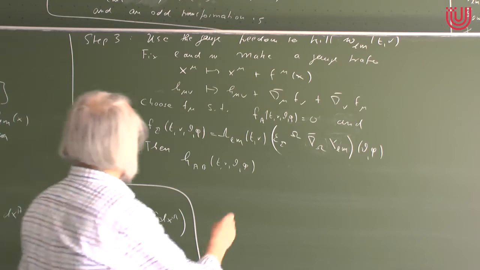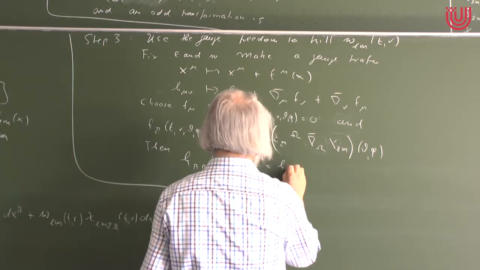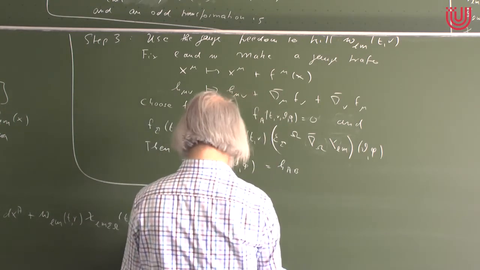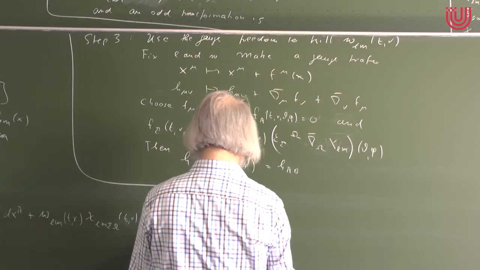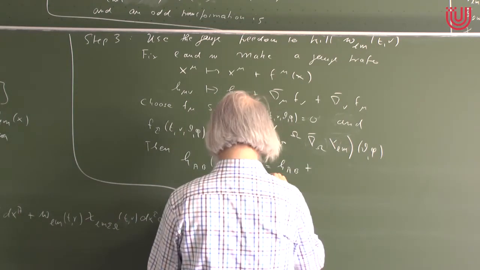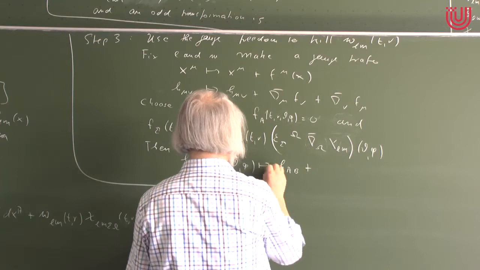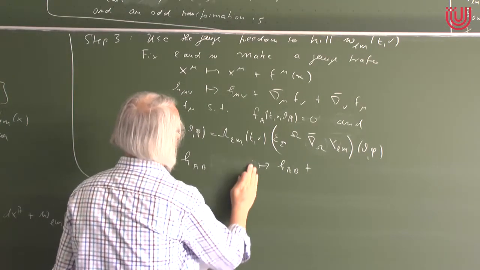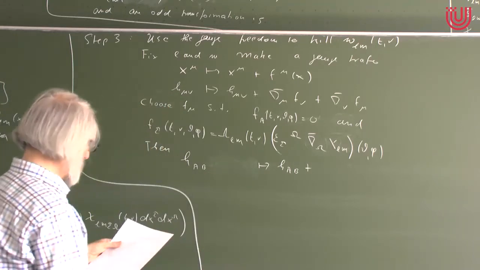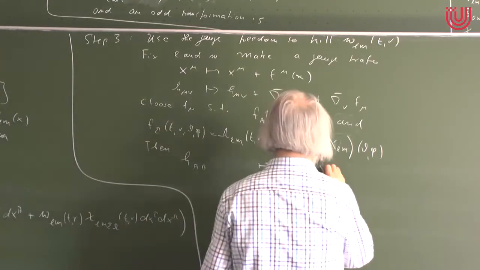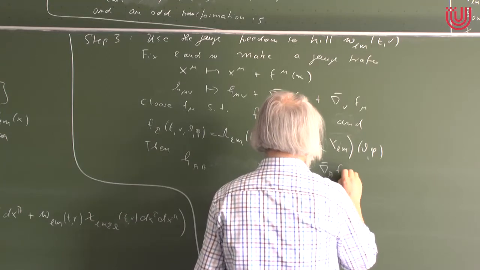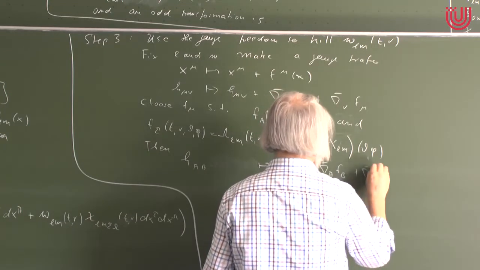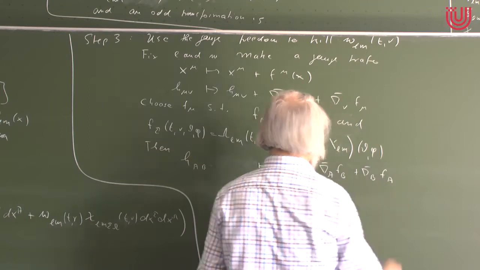So this transforms into HAB. Okay, I dropped the arguments, otherwise I have to write it in every term. It's a little bit awkward. HAB plus del A FB plus del B FA.